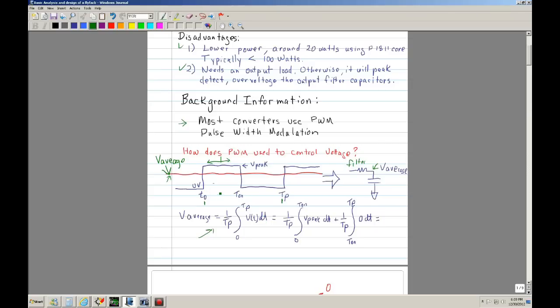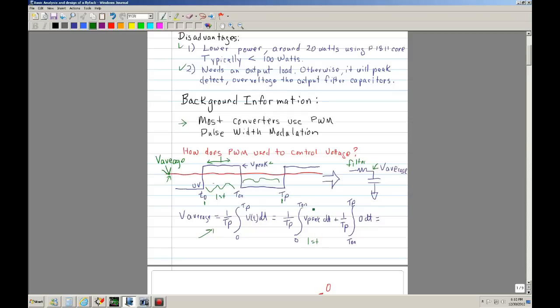Now, if you see here, you have two sections. You have this section, and you have this other section. So this would be the first integral, and during that integral, the voltage will peak to a certain peak voltage, which is right there.